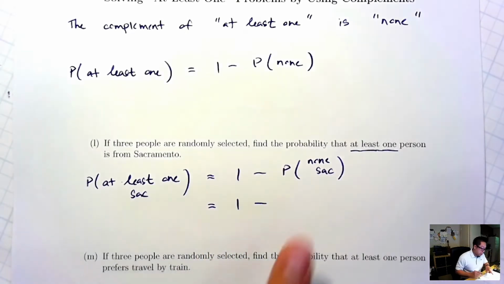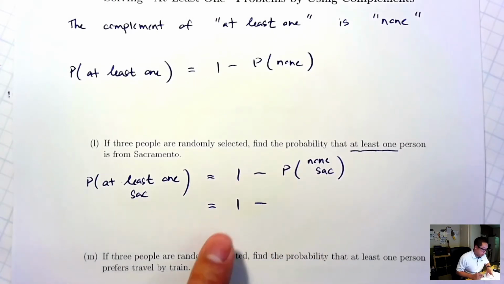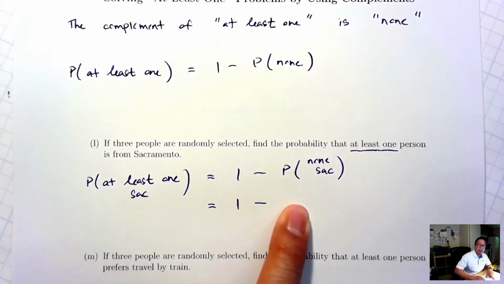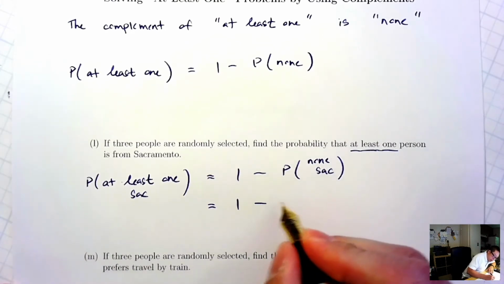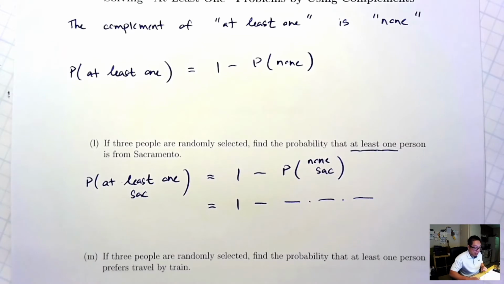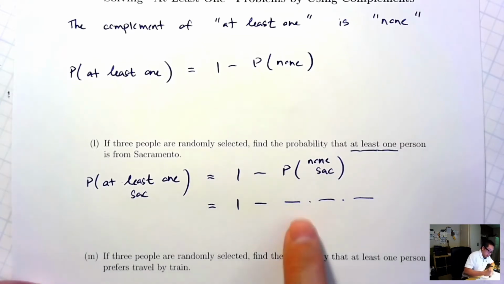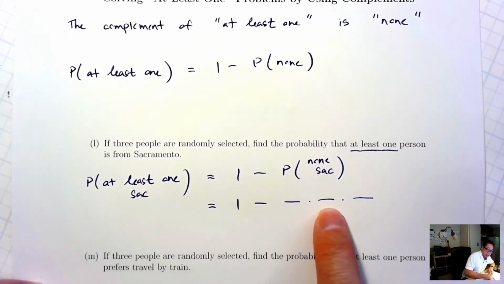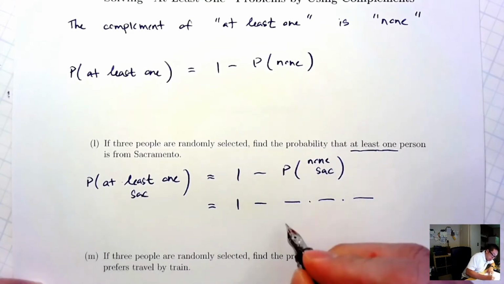So what I need to calculate is this one. 1 minus, and I want to calculate the probability that if I pick 3 people, none of them are from Sacramento. So 3 people means 3 fractions. And when I say none Sacramento, I mean not Sacramento, not Sacramento, not Sacramento, right? So I want all of these to be not Sacramento.